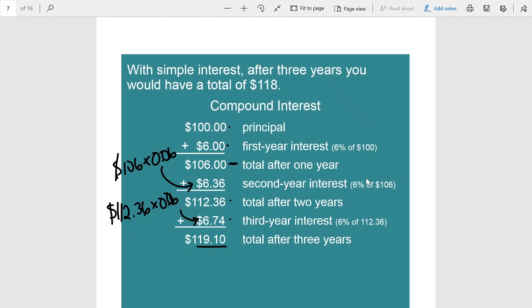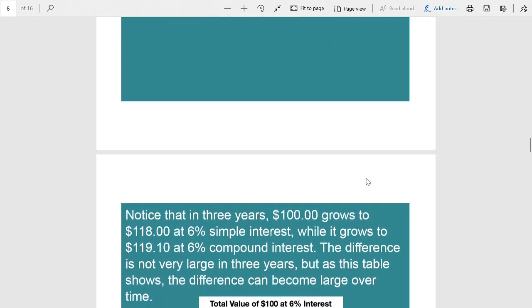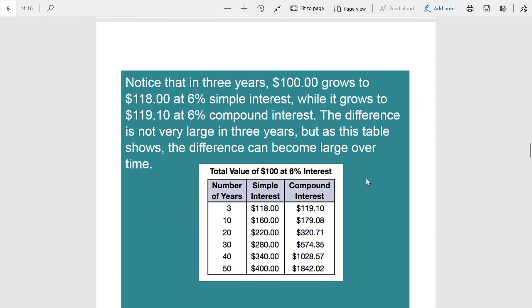Well, this may seem like, oh, who cares? It's $1.10 difference between the 3 years. It makes a big difference by the end of something like 50 years. For example, if I were to just have simple interest adding that $6 each year, I would only have $400 after 50 years.